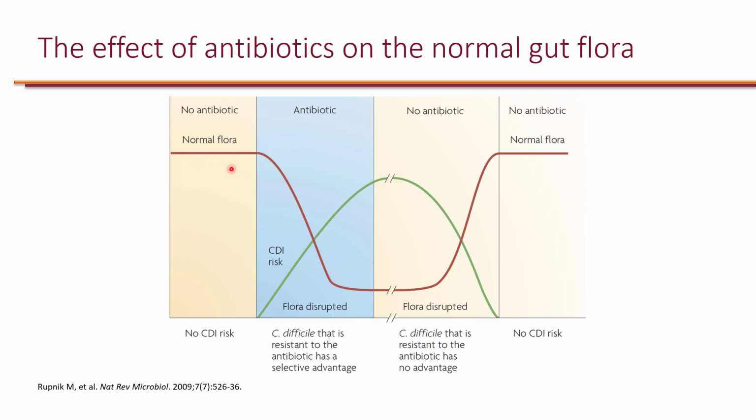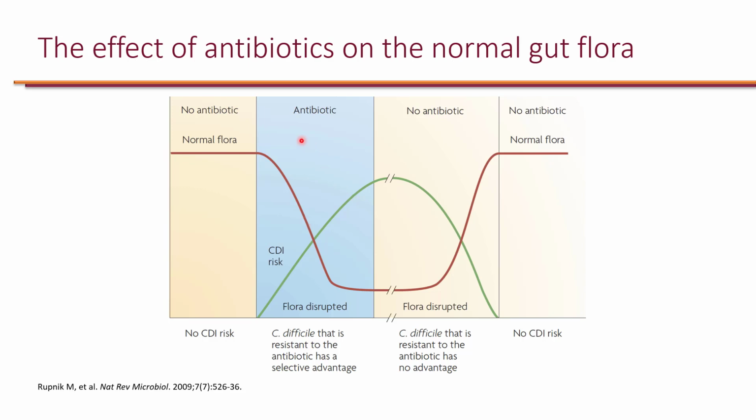Now, if someone takes antibiotics, represented in the blue zone here, the quantity and diversity of normal flora will drop, which will place the patient at risk of getting C. diff infection. And of course, the C. diff strains that are resistant to whatever antibiotic was used actually have a selective advantage in this disrupted flora.